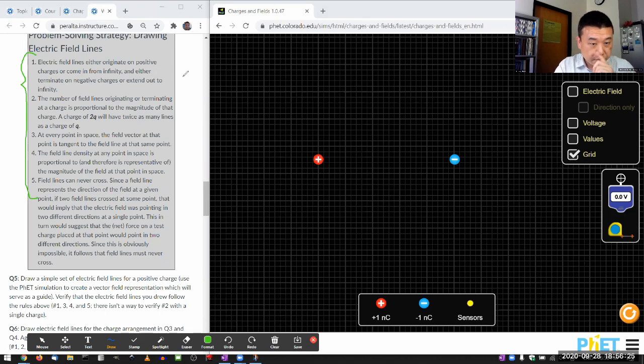I'm going to stick to rules number 1 and 2, which say field lines originate on positive charges and terminate on negative charges. So I should have field lines coming from the positive charge here, and field lines ending at the negative charge here. And reading ahead, the number of field lines is proportional to the magnitude of the charge. For both of these, let me draw 4 lines.